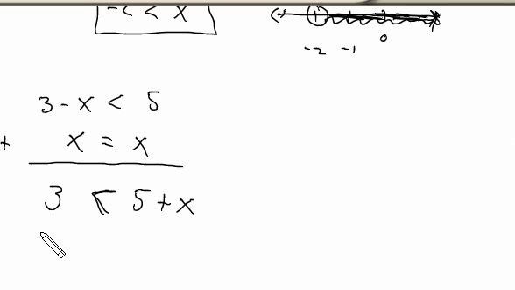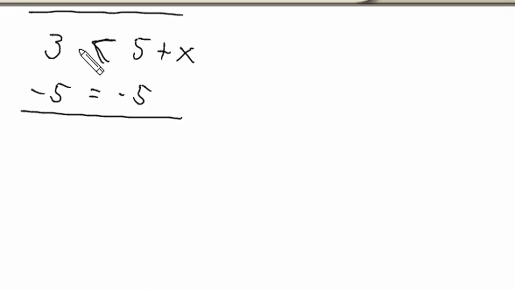And so now let's subtract 5 from both sides, like we know we can do. So 3 is less than 5 plus x, and 3 minus 5 is minus 2, and we carry down this.